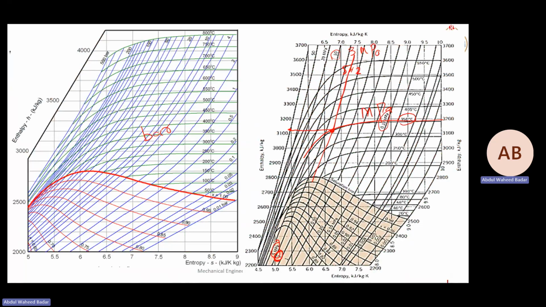3100 or 3120. Because this is 3100, this one is 3150, because this is 3200. So 3120, it's okay. For the exam, it's okay. Yes, of course, you have apps, there is computer software, everything.